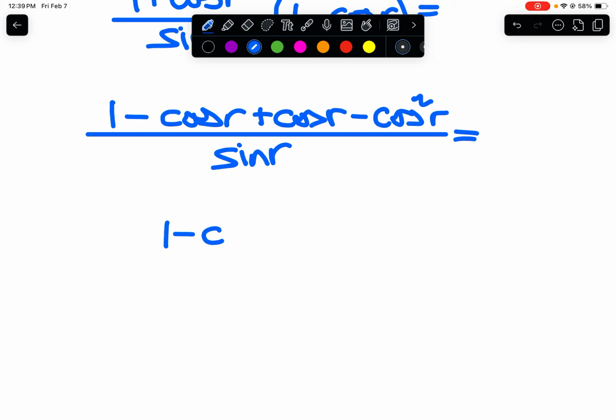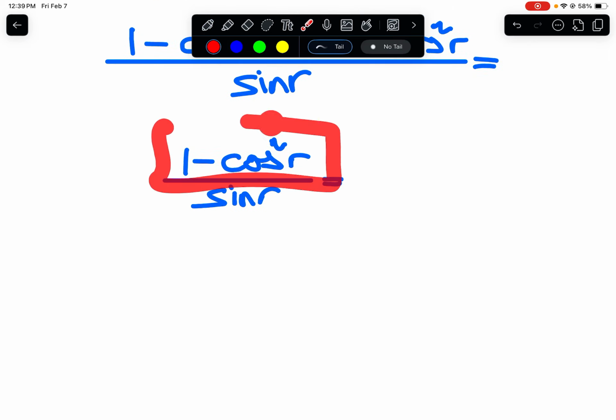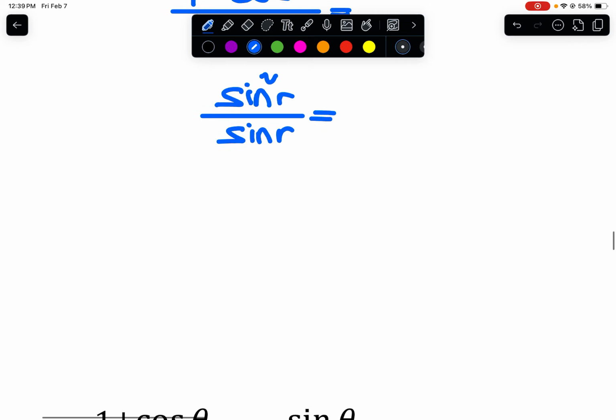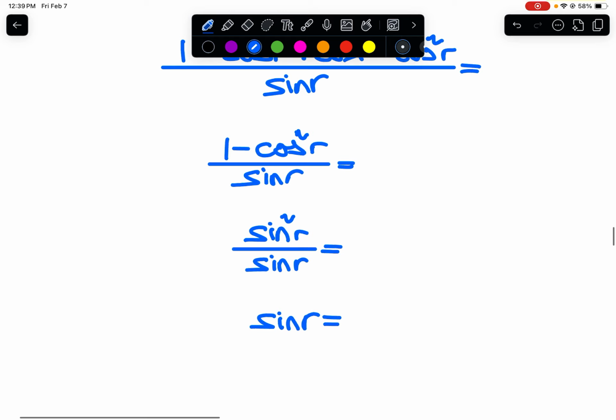So we're going to have 1 minus cosine squared r over sine r. And then 1 minus cosine squared r, this is a variation of Big Papa, which is going to equal sine squared r. So we have sine squared r over sine r, which is going to just simplify to sine r, which matches the right side. Check.